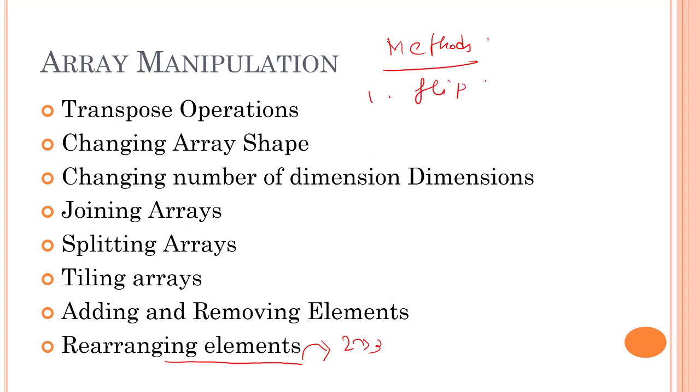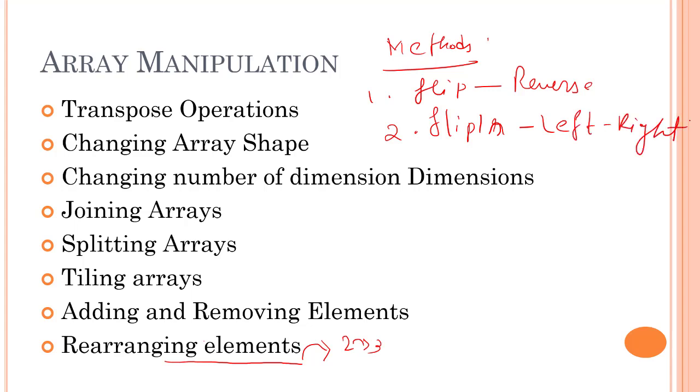If you want to reverse the order of the elements in an array, we use the flip method. Now the next one is fliplr, for the left to right direction. If you want to reverse in the left to right direction, we use fliplr.